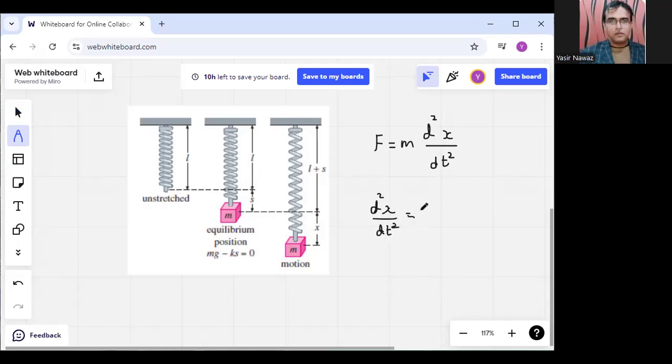and then the downward force is W equal to mg. One force is mg, and then according to Hooke's law, the other force will be k times s plus x.